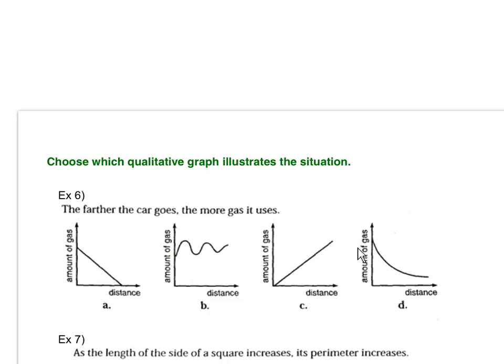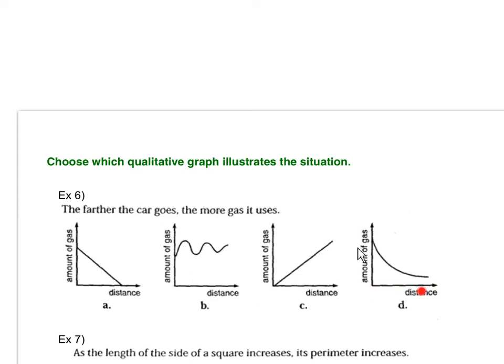Here's the amount of gas. So does your gas fluctuate as you drive? The amount of gas that you have? No, so that can't be it. The amount of gas, so the more gas that it uses, is it using more gas? This is like it's using less gas. This is using more gas, so this could be it. The amount of gas and the distance.